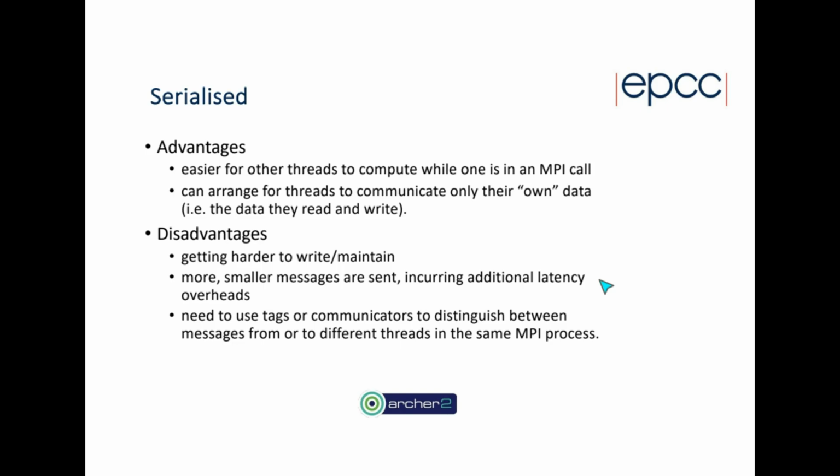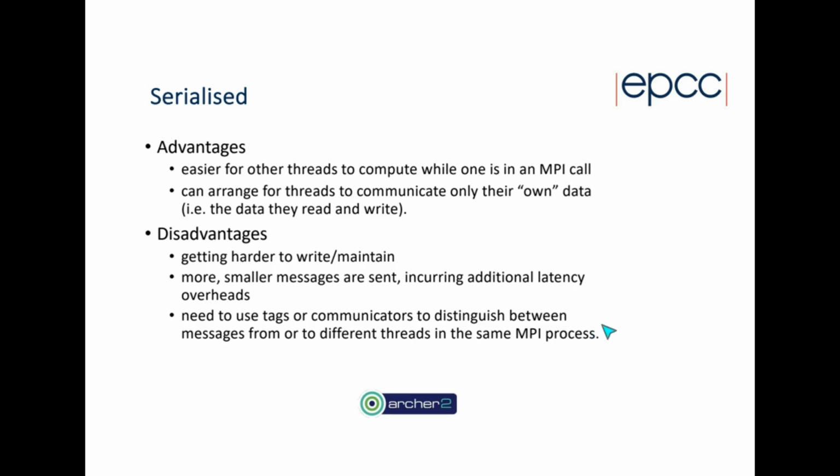If you have multiple network connections per node, then most MPI implementations these days, if you send one big message, will split that up into packets and multiplex that across the different network ports. So sending single big messages is not a problem. The problem is that if you do that in master only mode, all the other cores are doing nothing at the same time. That's the big deal.